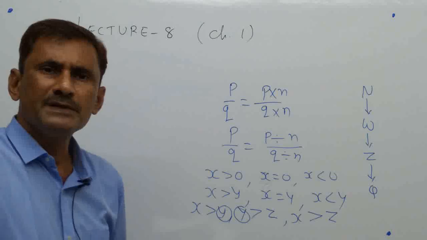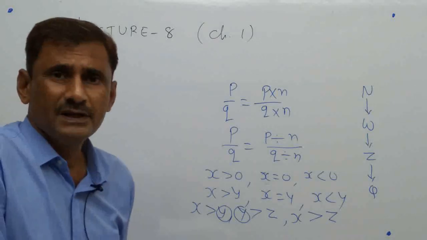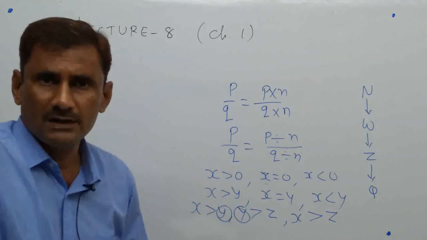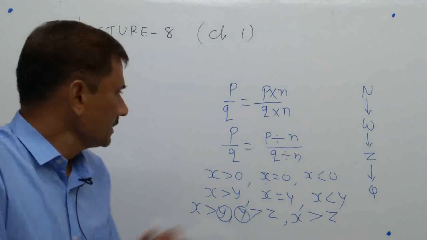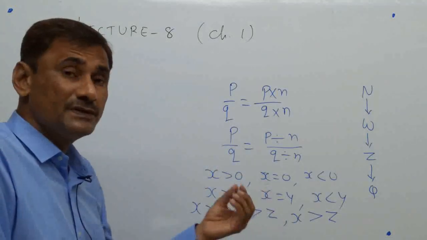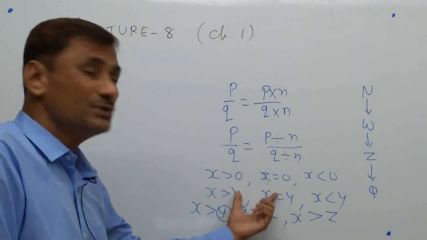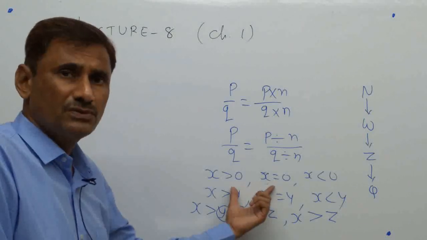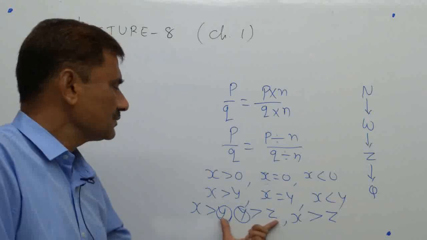So these 5 properties are very, very basic. Even unknowingly you were using these from primary level. In taking LCM, these 3 possibilities are always there. I think you use this property in computer coding also. And this is very, very obvious.